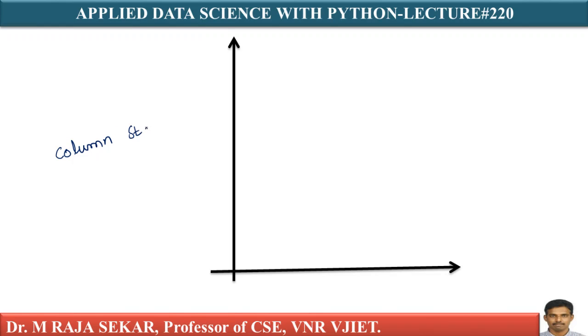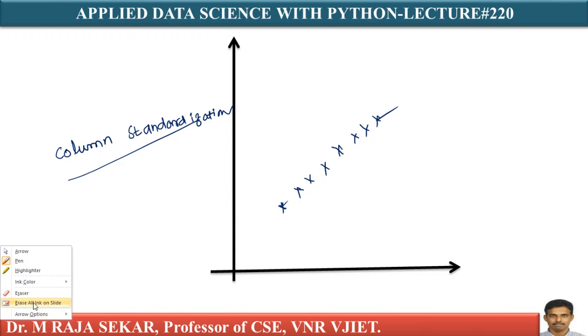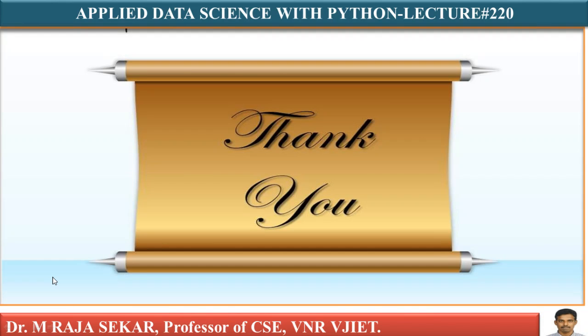We will try to understand in my next lecture. For the time being, just go through this mean vector. It is simple: the mean is a central vector. Just try to understand this geometrically, and I will continue my discussion in my next lecture.